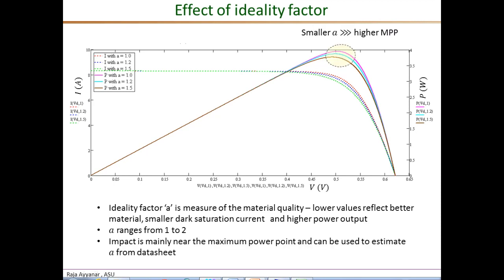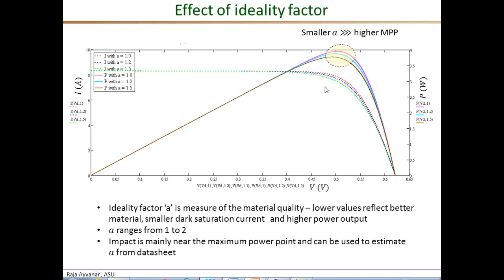Okay, so clearly the effect of the ideality factor A is more pronounced near this maximum power point. For better material quality, A is smaller, and as seen from these three plots, a smaller value of A corresponds to higher maximum power. The pink PV curve has the highest MPP value.